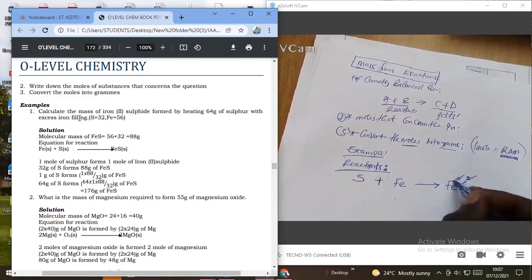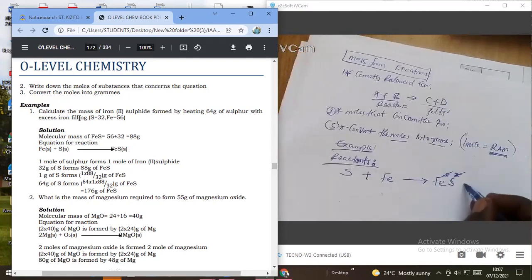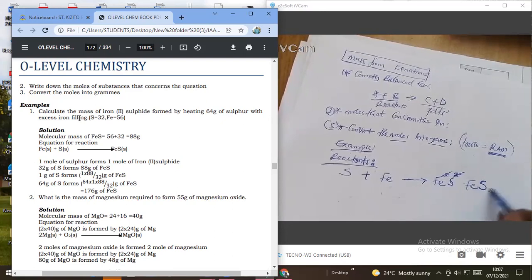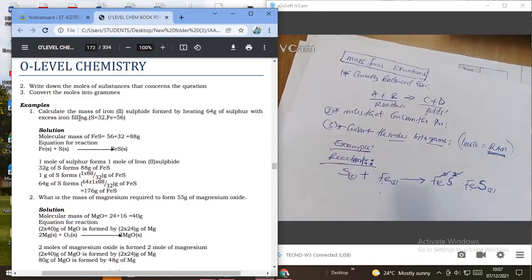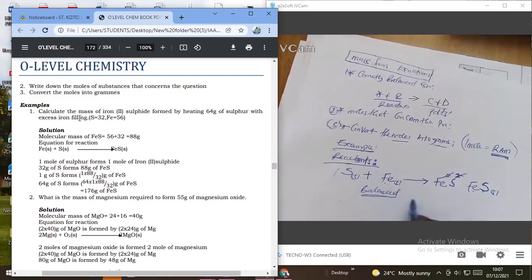So these cross out, leaving us with the correct formula of iron sulfide as FeS. Now, is the equation balanced? This is a solid, this is a solid, this is a solid. If you balance, it is one iron and one sulfur, meaning our equation is balanced. Okay?